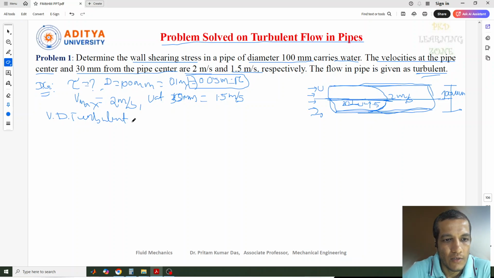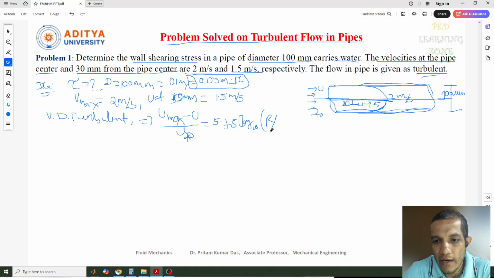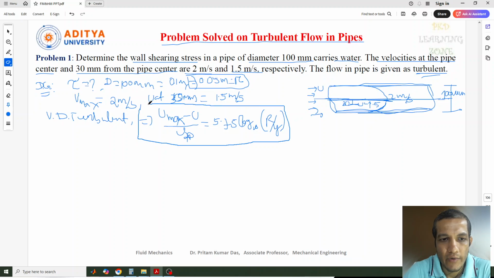So let me write this equation: u max minus u divided by u star equals 5.75 log 10 of r by y. This is the equation we derived in our previous video lecture, where we got the velocity distribution for turbulent flow.